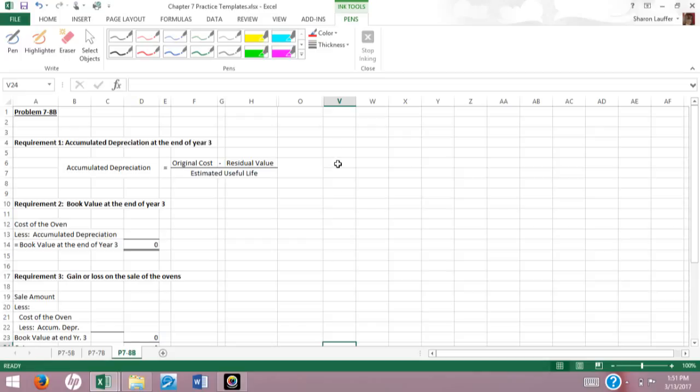So if we look back at the instructions, we had a piece of equipment that was $455,000 and it has a residual value of $30,000 and an estimated useful life of 10 years.